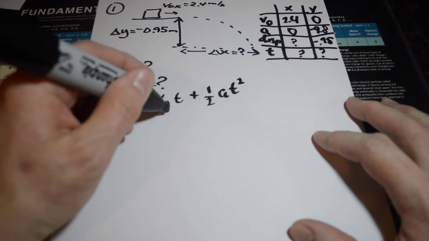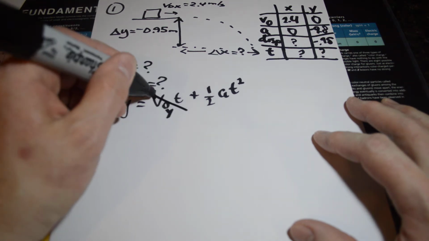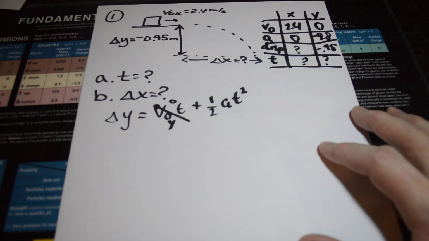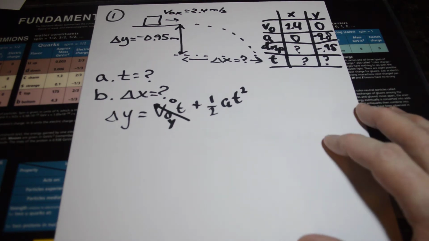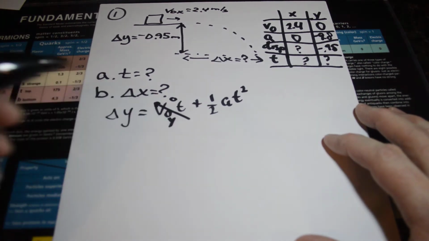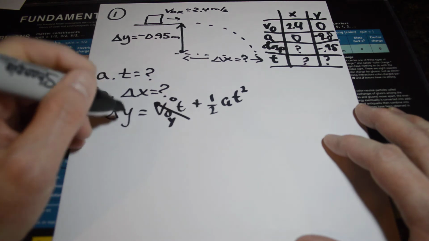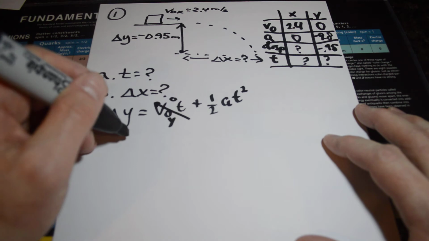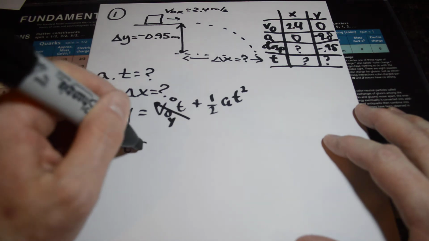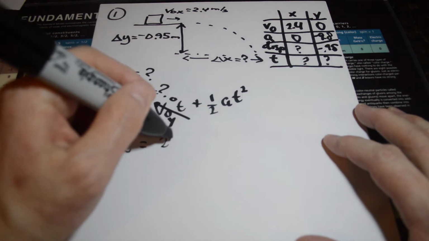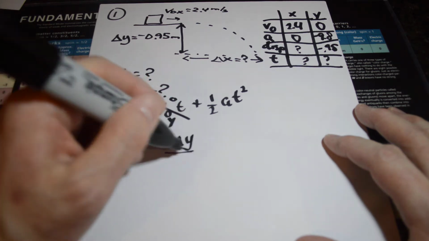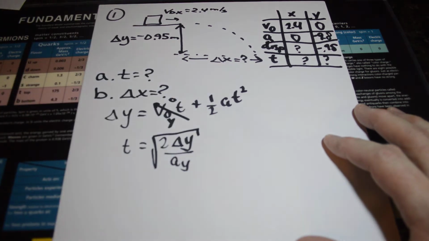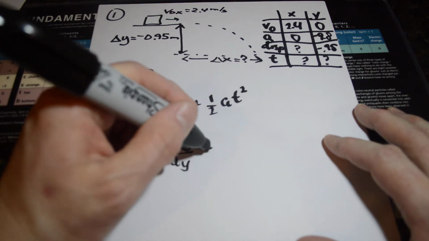The v naught in the y direction is 0 because it's coming off the top horizontally. Therefore, it's not moving vertically, so this quadratic equation is a little easier than you might have imagined. If I move the 2 to the other side, I'm going to have 2 times that vertical displacement, divide by the acceleration, see if you agree with that equation, take the square root.